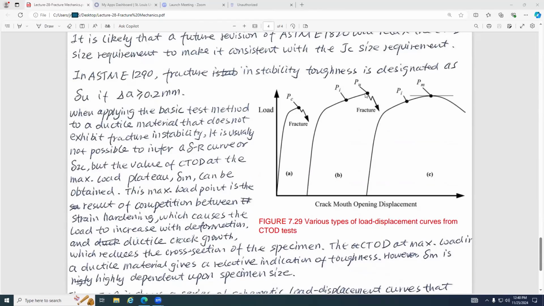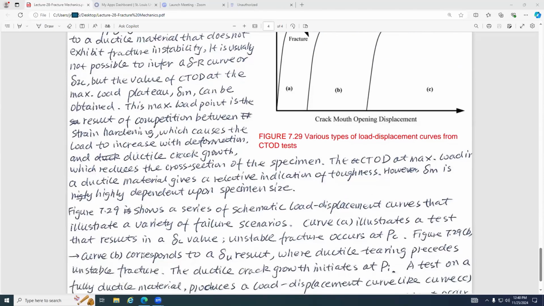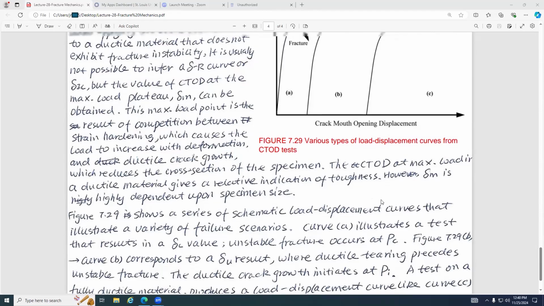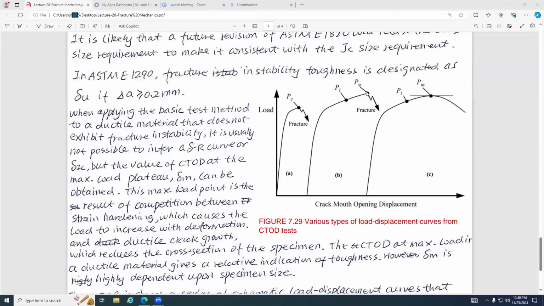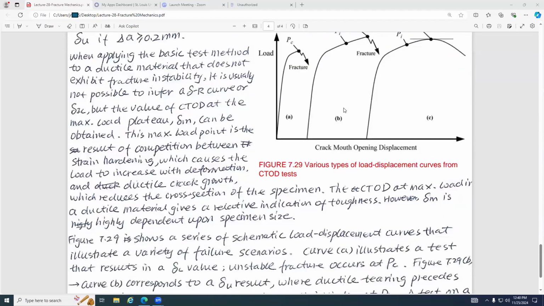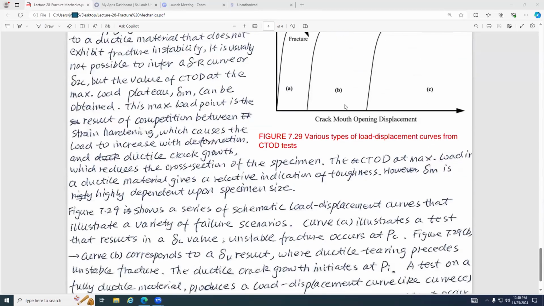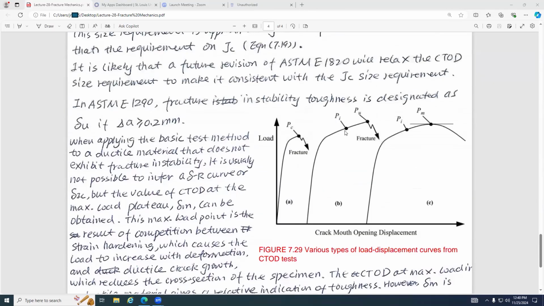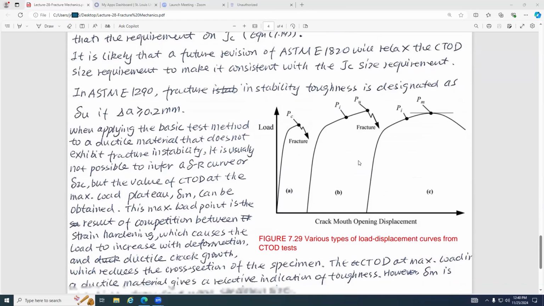A fracture occurs at this PU, this PI, corresponding to a delta U result where ductile tearing precedes unstable fracture. Ductile tearing. Before this fractures, we have the strain hardening, right? So this is a ductile tearing, just pull it. The ductile crack growth initiates at the PI. So the ductile growth initiates at this point and then goes until it finally breaks.